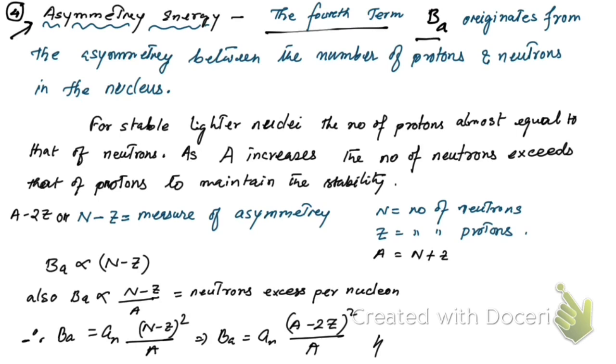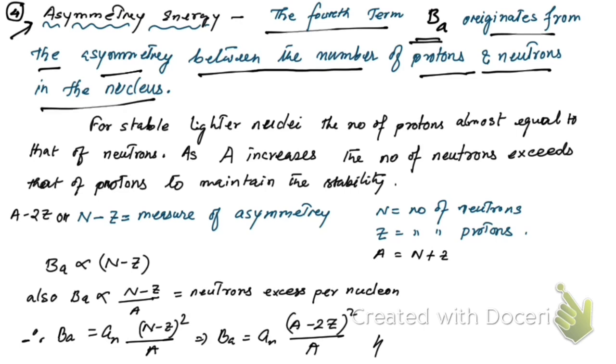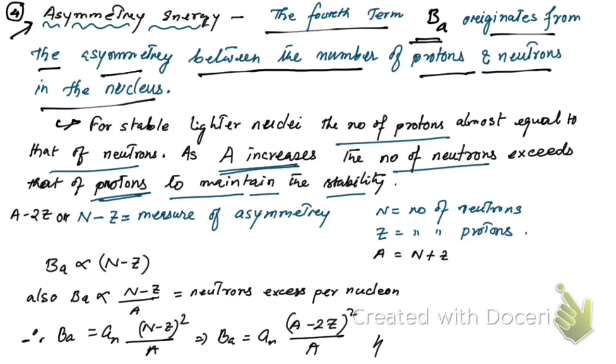The fourth term, Ba, originates from asymmetry between the number of protons and neutrons in the nucleus. For stable and lighter nuclei, the number of protons is almost equal to the number of neutrons. As A increases, the number of neutrons exceeds the protons to maintain stability, okay? So the difference between the number of protons and neutrons gives the measure of asymmetry.